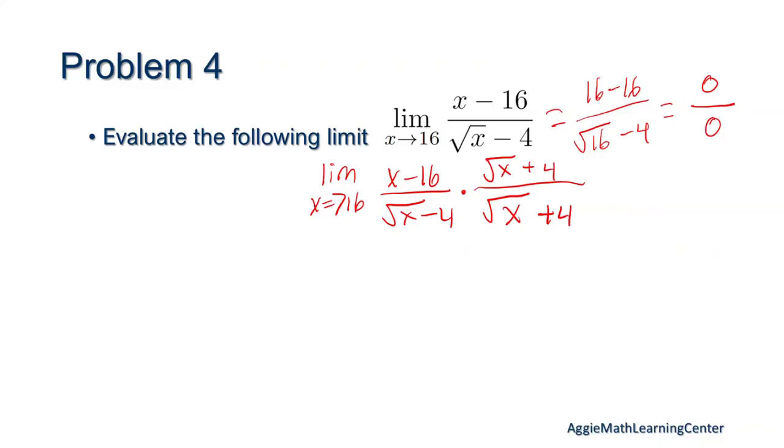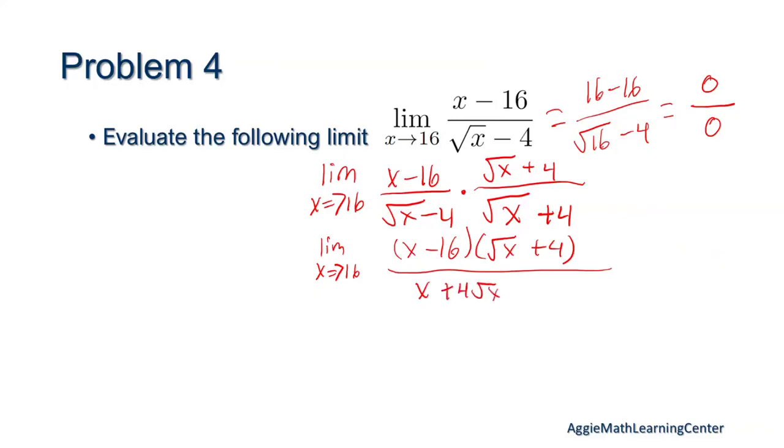And when we do that multiplication, we just FOIL it out. We get the limit as x approaches 16 of x minus 16 times square root of x plus 4 over square root of x times square root of x, which is x. Square root of x times positive 4 is positive 4 square root of x.